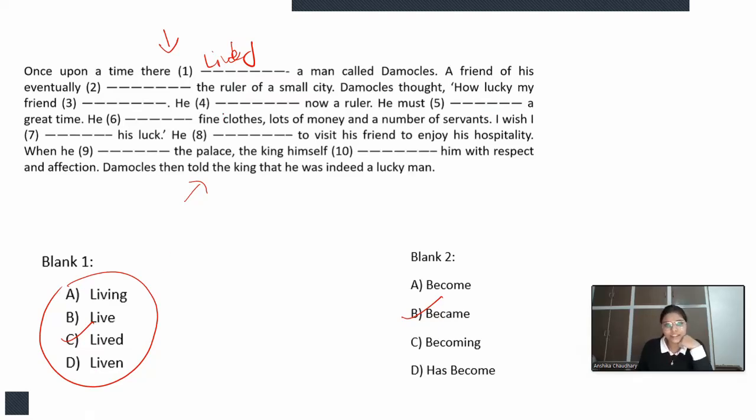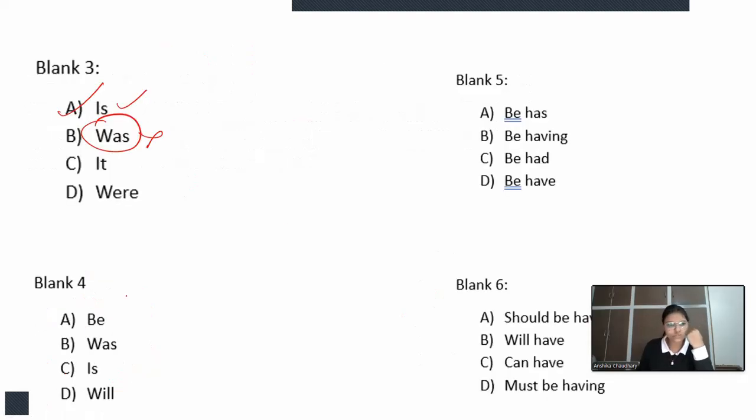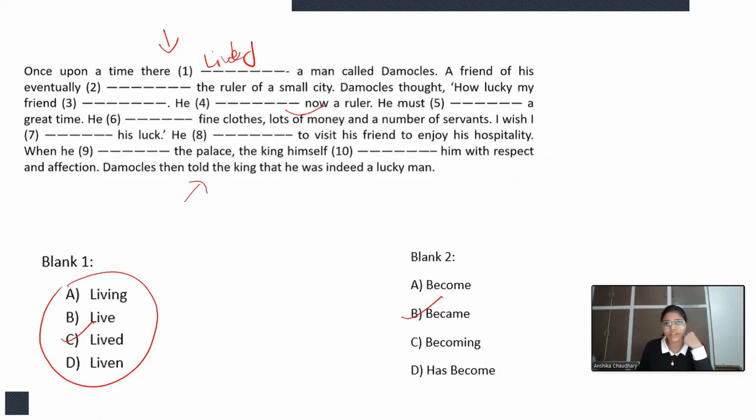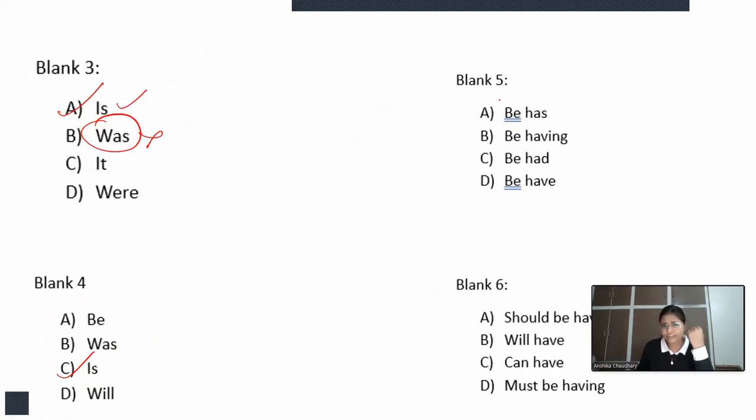Now the fourth blank is there, now a ruler. So now we are talking about present only. He is now a ruler, he is ruling right now. Now he must a great time. Blank five options: be has a great time, be having a great time, had or have.